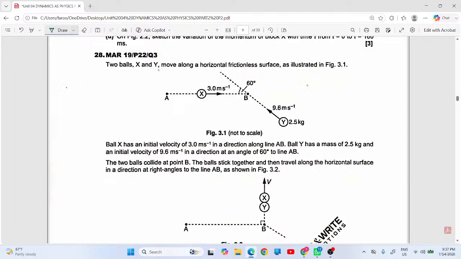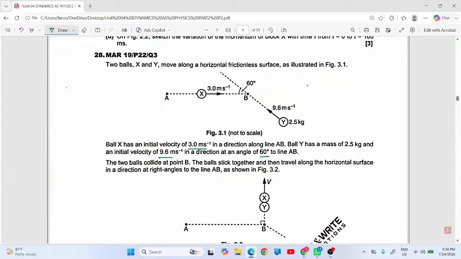Two balls x and y move along a horizontal frictionless surface. Ball x has a velocity in a direction along line AB. Ball y has a mass of 2.5 kg and an initial velocity of 9.6 meters per second in a direction at an angle of 60 degrees to the line AB.